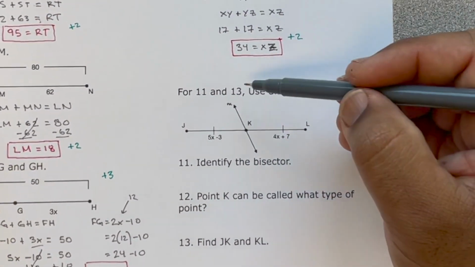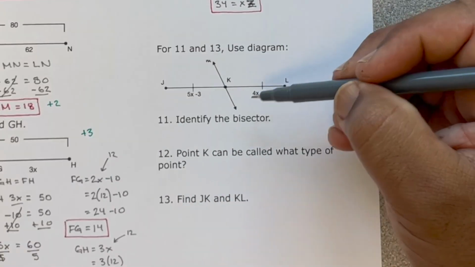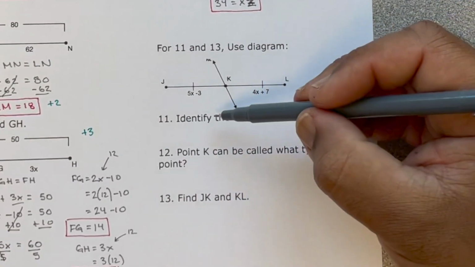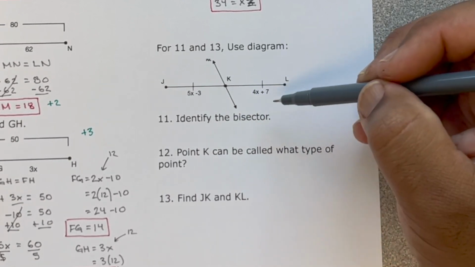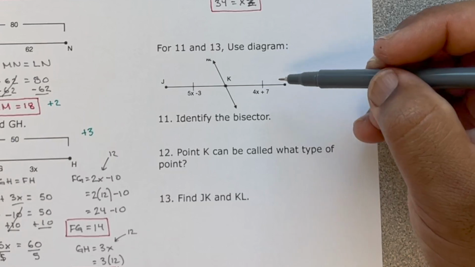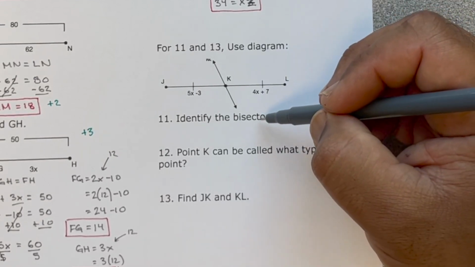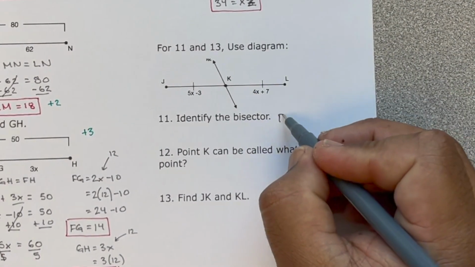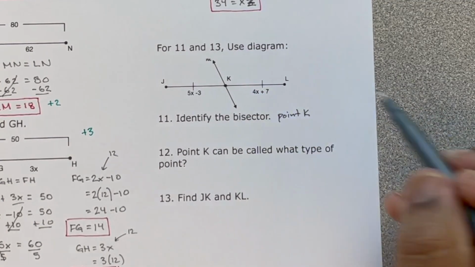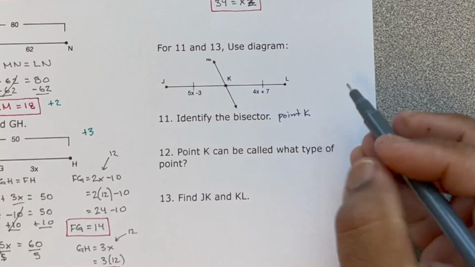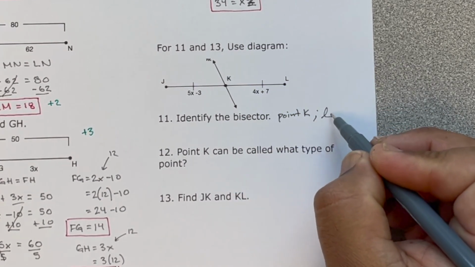Now moving on to 11 and 13, I have to use this diagram on both. First, identify the bisector. A bisector is something that cuts a segment into two parts. So here, one of the bisectors is that point K. Technically that in the middle is cutting it in half. Or you can think of it as line M here cutting it in half. So I take either one.